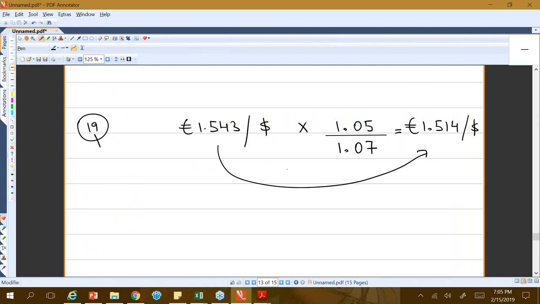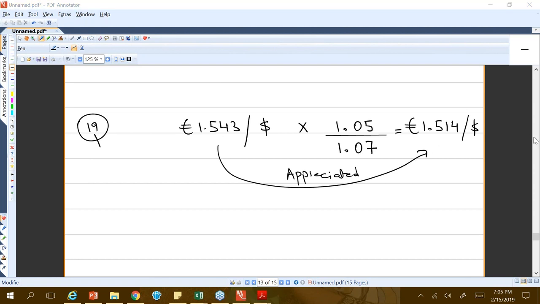Appreciated. The euro has now appreciated. So that means if the home inflation rate is more than the abroad inflation rate, the euro, which is the foreign currency, appreciates. Yeah, well done. So all giving the right answer. Appreciation of currency.